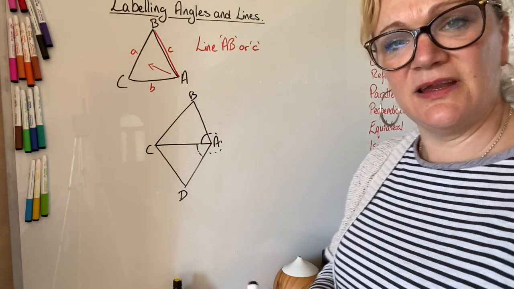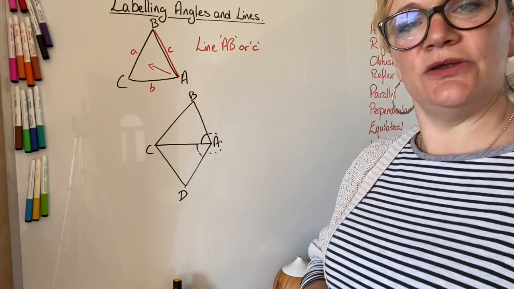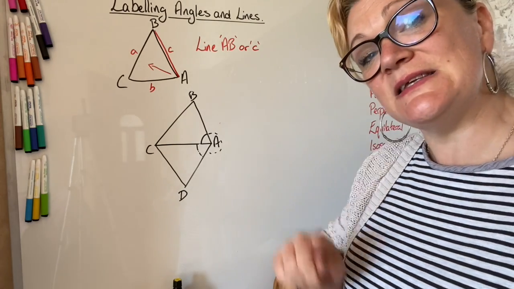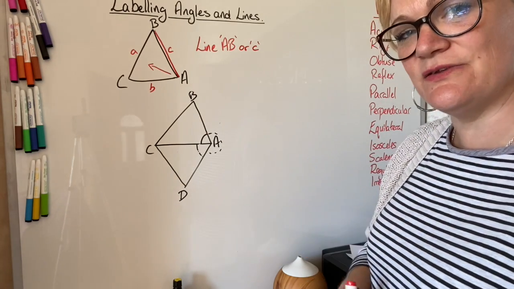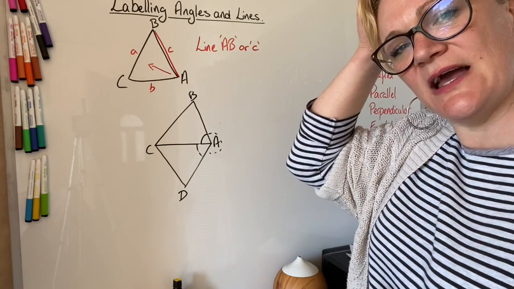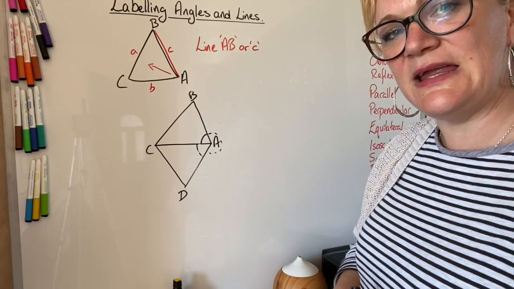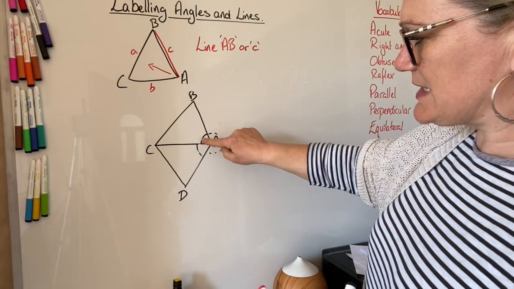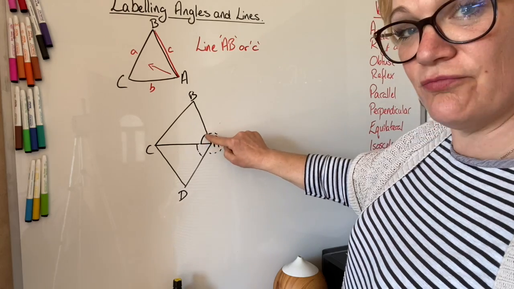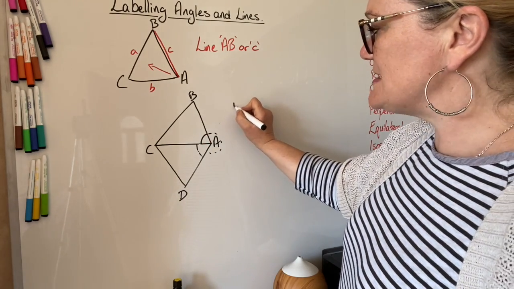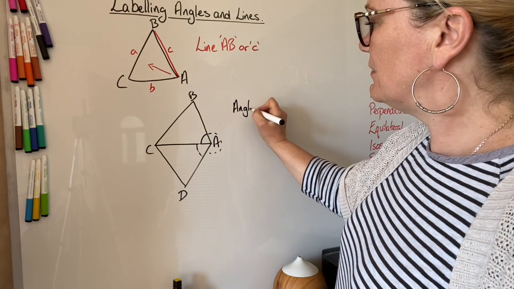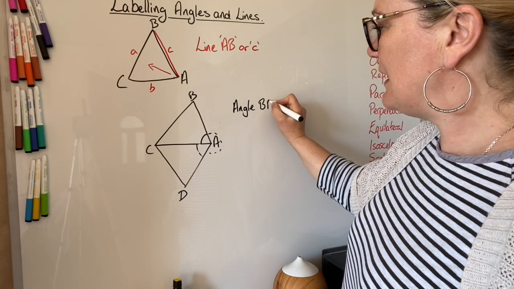And all of a sudden, if somebody said to you angle A, you wouldn't know which one to measure. So it's helpful to find out which one it could be. And the way that we do that is by talking about our angles with three letters. So in this case, if we wanted to keep it just the original little acute angle that we had, we would call that angle BAC.